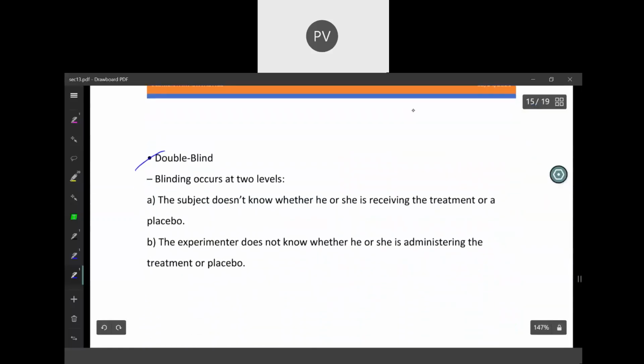What is double blind? In double blind, there will be two levels. In the first level, the subject or the individual will not know that they are receiving the treatment, or a placebo.